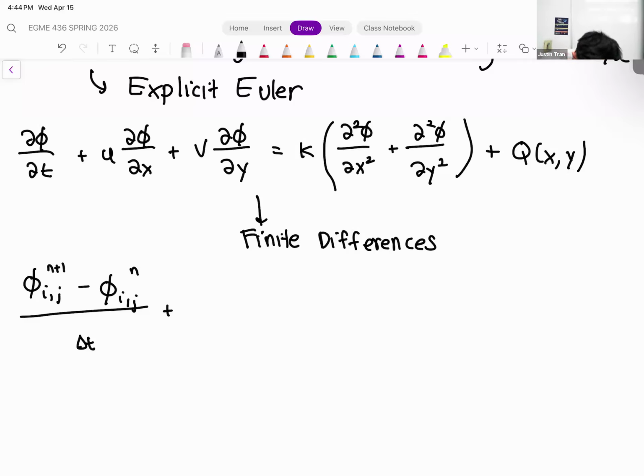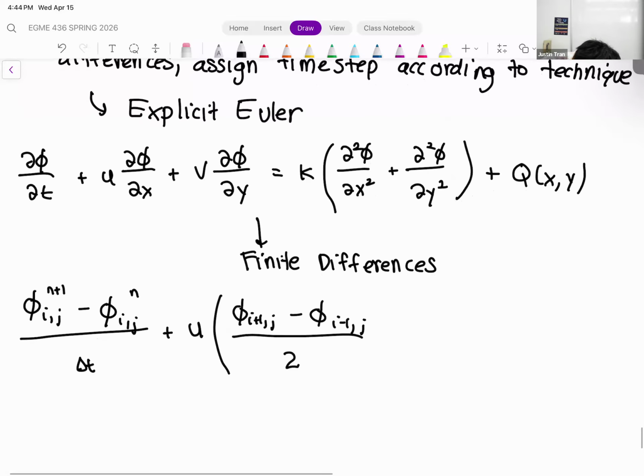Next, we have u. We have a first order derivative in x. And so for this, we're going to use a central difference scheme. So phi i plus 1 comma j minus phi i minus 1 comma j, all divided by 2 delta x.